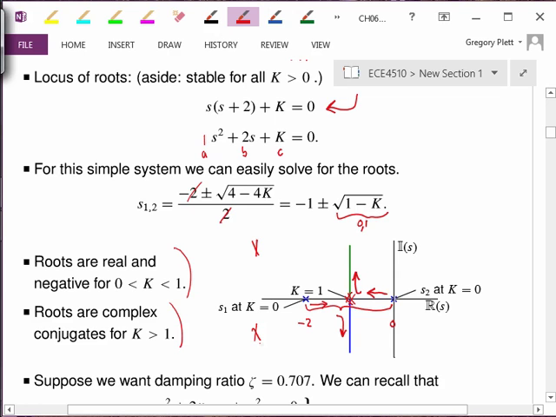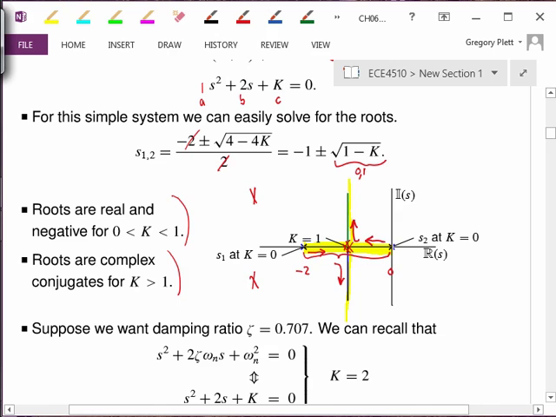I'd have to somehow change the way I'm building that feedback controller. I could not use simply a proportional controller. I'd have to do something more fancy than that. It's possible to do, but not with this controller. I'm limited in this controller to have poles that are somewhere on that locus.